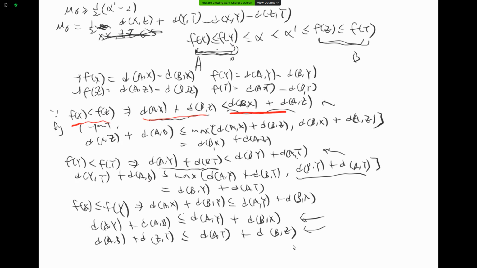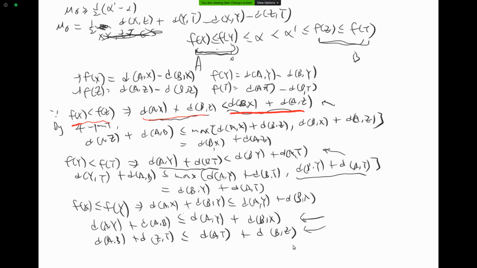So then using this 4-point property, I have this one here. This is less than this guy here, and this is bigger than that, therefore it's equal to this one here.